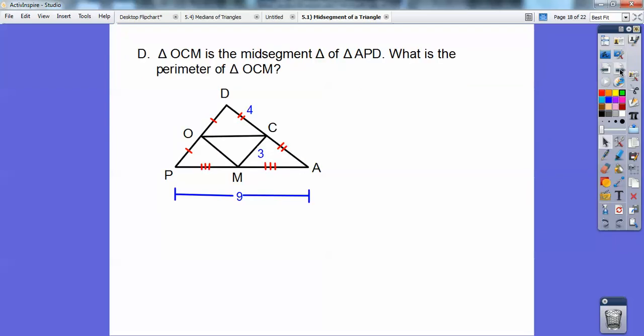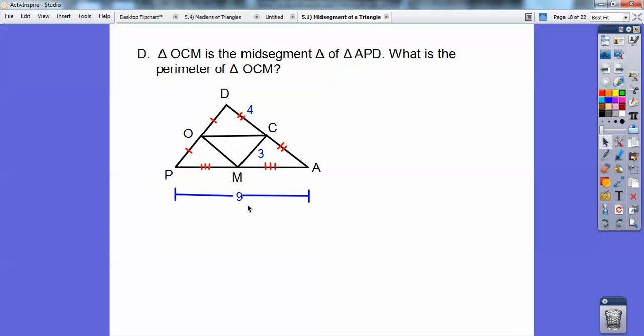Okay, so triangle OCM is the midsegment triangle of triangle APD. So what's the perimeter of triangle OCM? Well, these are all midsegments right here. So if this is 3 right there, this side right here is twice this midsegment right here.